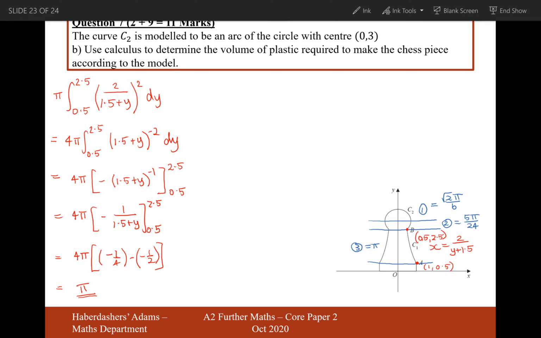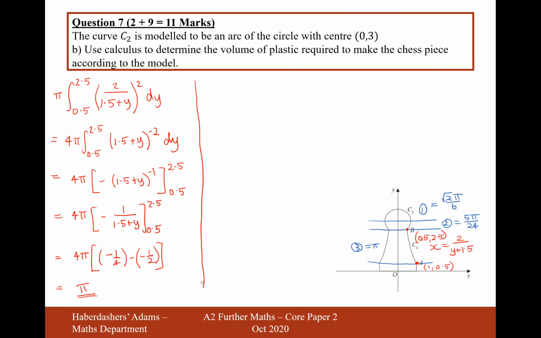Now the last final bit is just going to be a cylinder, because if you imagine what's happened here, it's just a cylinder that's been rotated round. It's going to have a radius of 1 and a height of 0.5. So a cylinder for section 4. We may even want to label our sections here: volume 2, volume 3, volume 4 is going to be a cylinder, so pi r squared h.